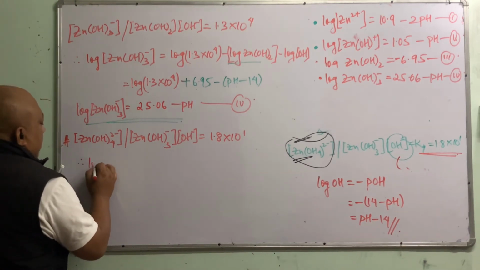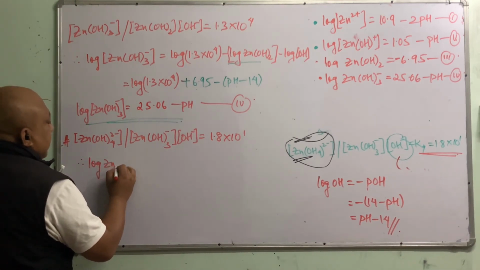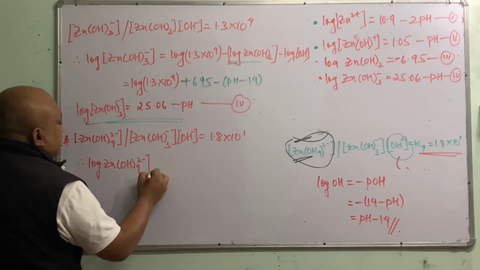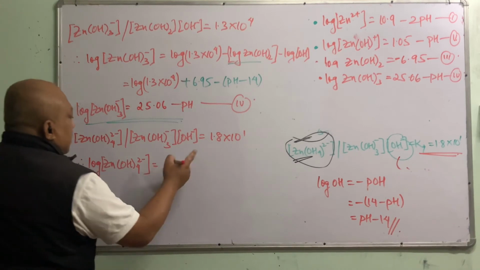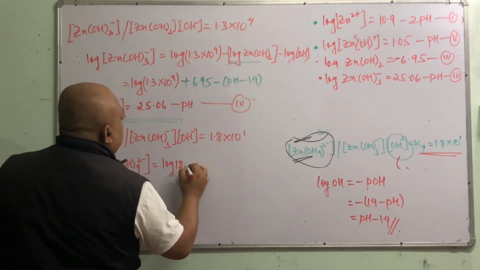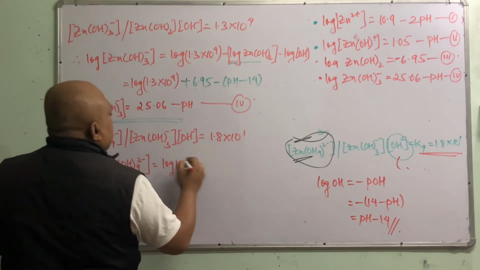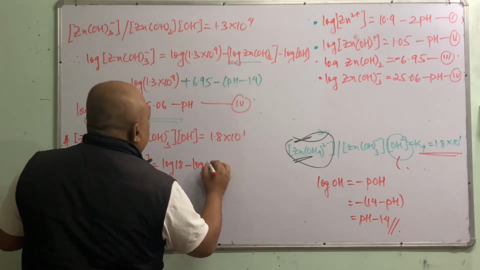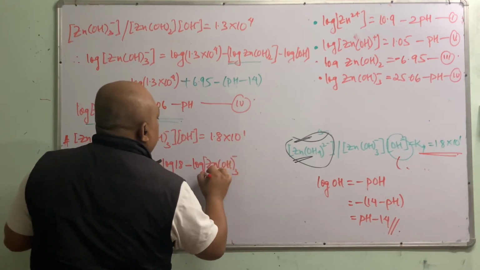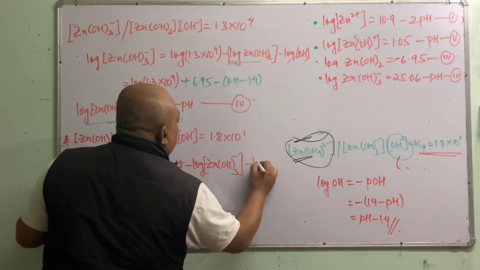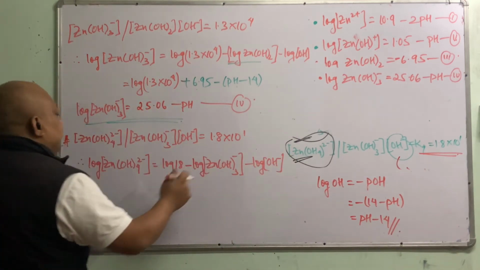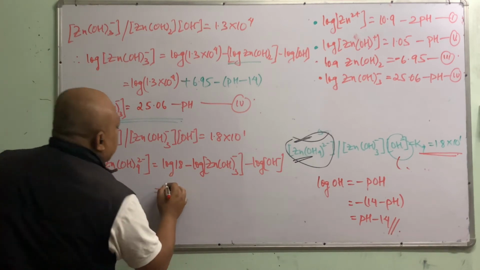Therefore, log of ZnOH4 2 minus is equal to log of 18 minus log of ZnOH3 minus log of OH. Correct?